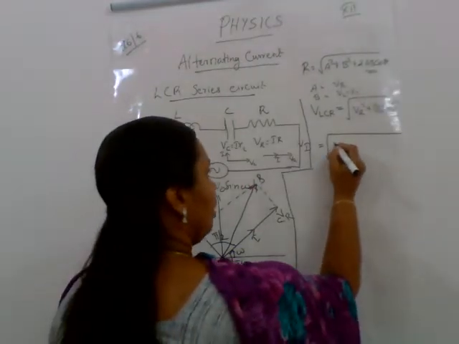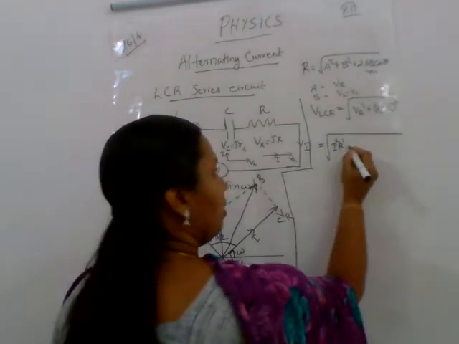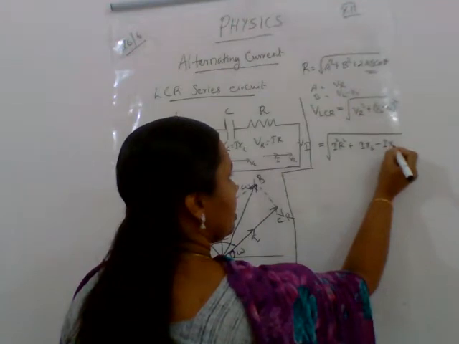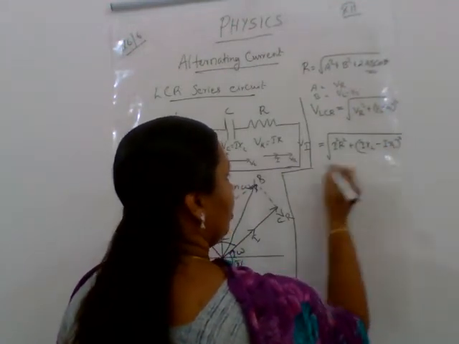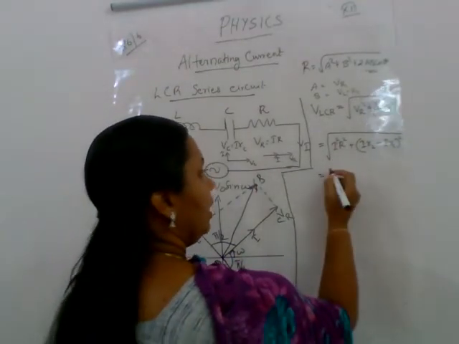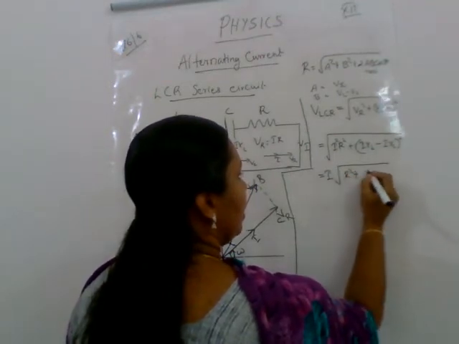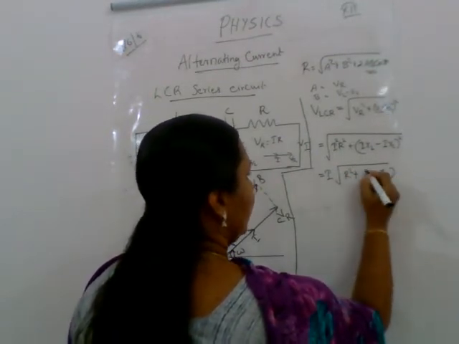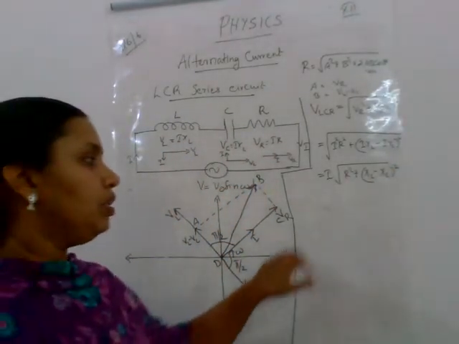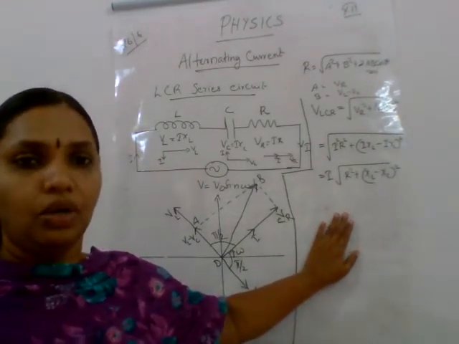VR is equal to IR, so it is I square R square plus VL is IXL minus IXC the whole square. I square is common, we can take it outside. So VLCR is equal to I into root of R square plus XL minus XC the whole square.